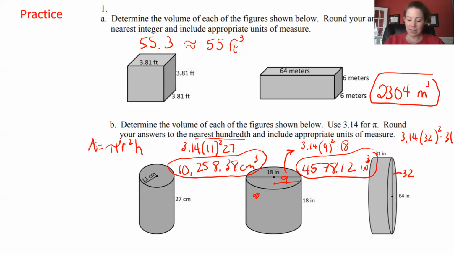We got 99,676.16 inches cubed. That's a comma. All right, so hopefully you guys got those right.